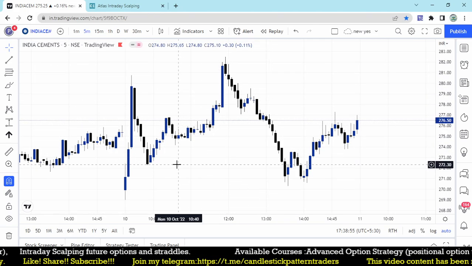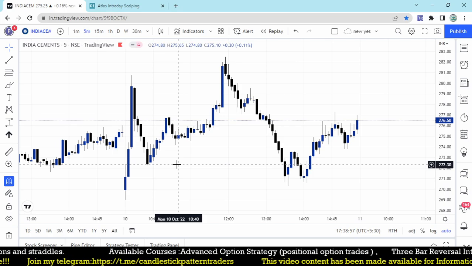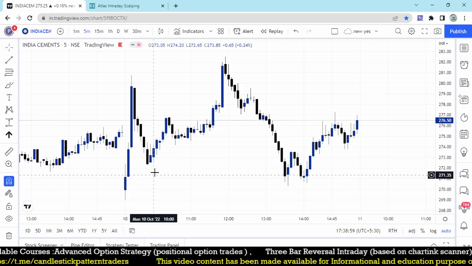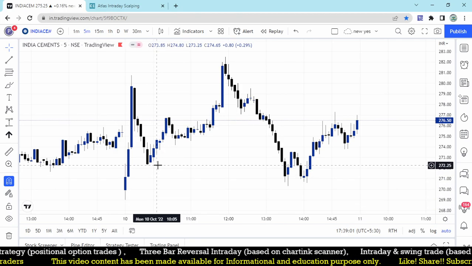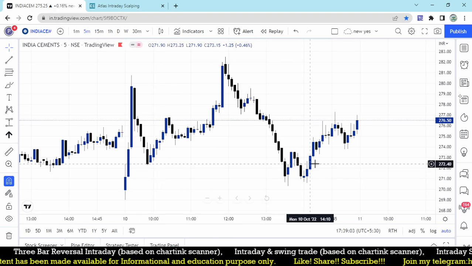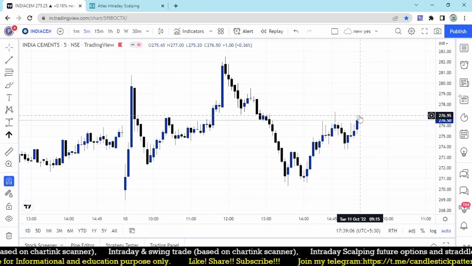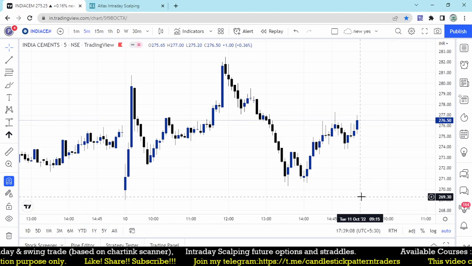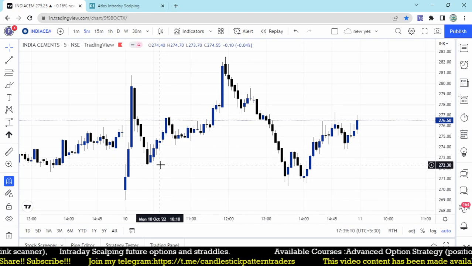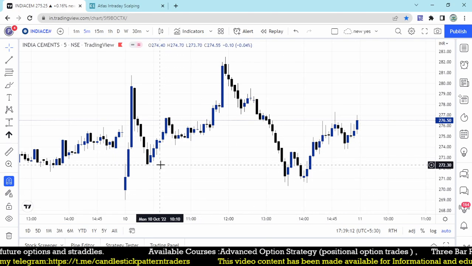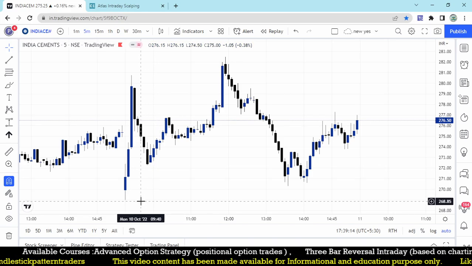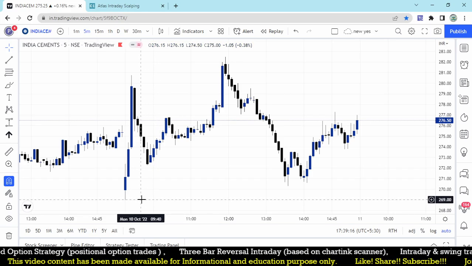At this point, I find a reversal opportunity with the low as a stop loss at 272.3, and it comes down and takes support at 276.5. It closed somewhere around this point, it was 4 rupees, it took a support, and it went back. But the risk for the trade is 269.